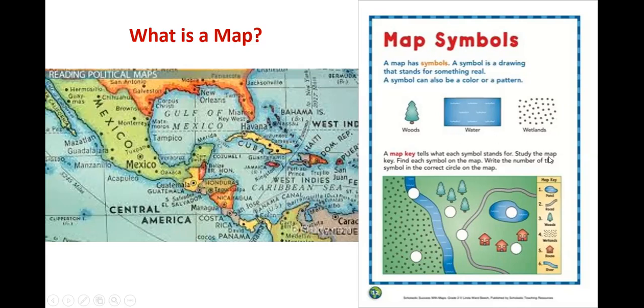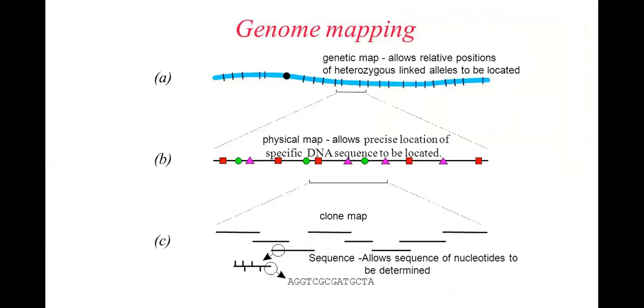But if you want to compare this map with the genome map, how does a genome map look? A genome map looks simple. You're looking at the genetic map here. Again, I've said the genome map constitutes the genetic map and the physical map. A genetic map is nothing but the relative position of the given genes. It can tell in terms of the alleles.